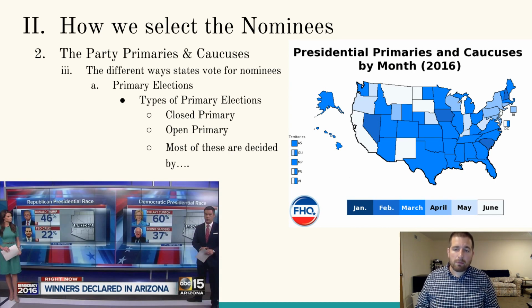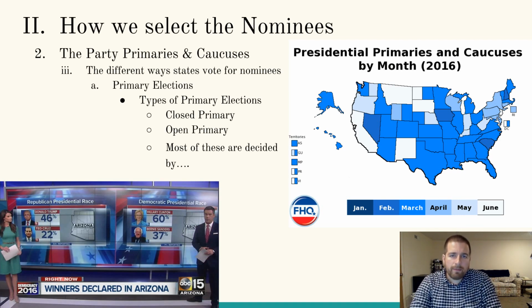So for me to be able to go during the Republican primaries in Ohio and vote for who I want to be the presidential nominee, I have to be registered in the Republican Party. If I am registered as an independent or if I am just not registered with a political party at all, I can't vote in the primary. That is called a closed primary.